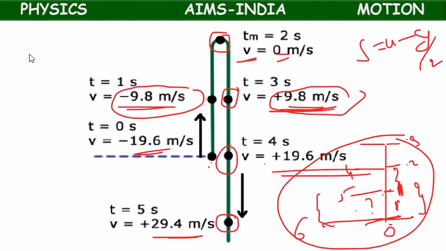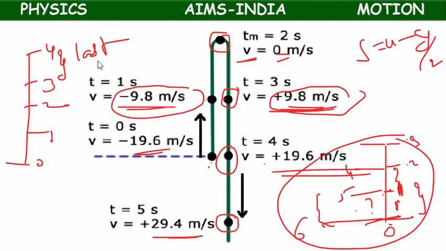Here, 0, 1, 2, 3, 4: the 3 to 4 second is the last second in the upward journey, and the 4 to 5 second is the first second in the downward journey.